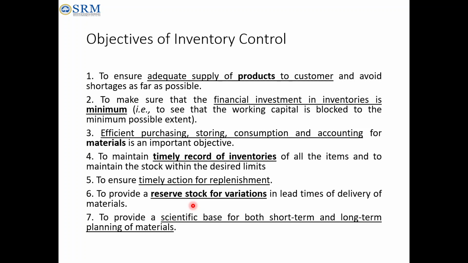Suddenly some strike happens or some lockdown reasons, and the material is not reaching on time. You will need to stop your production. That should not happen. So you should have some buffer materials to continue the production by considering that unexpected situation also.